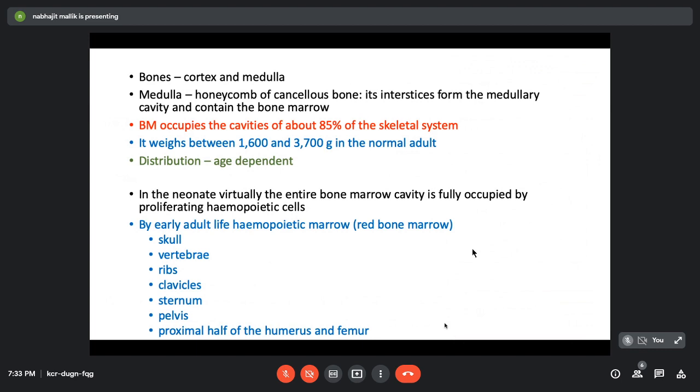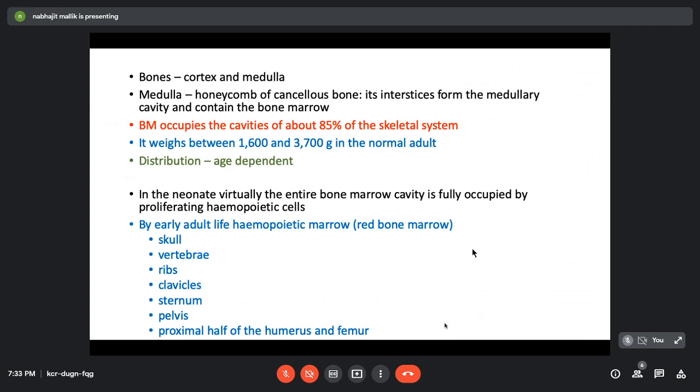Bone marrow occupies the cavities of around 85% of the skeletal system. It weighs between 1600 and 3700 grams in a normal adult, and the distribution is age dependent. In the neonatal period, virtually the entire bone marrow cavity is fully occupied by proliferating hematopoietic cells.